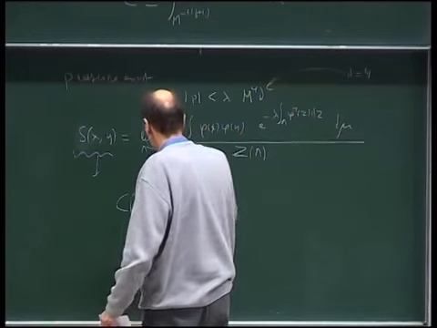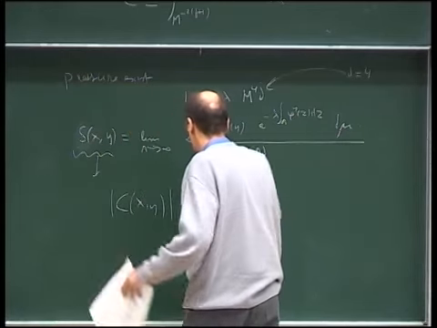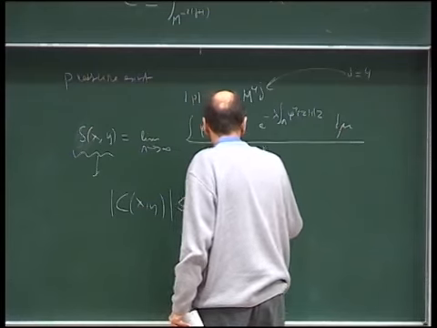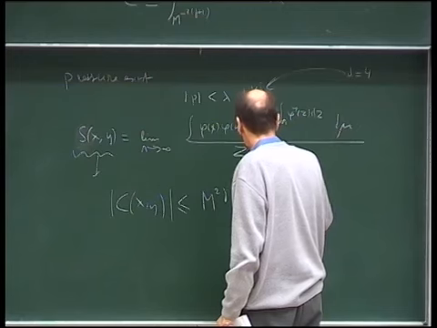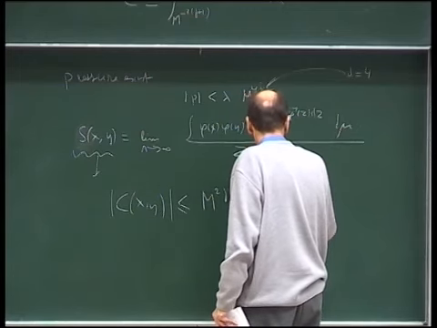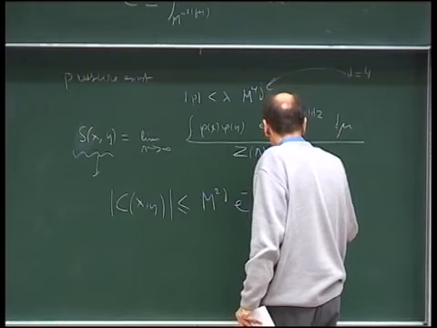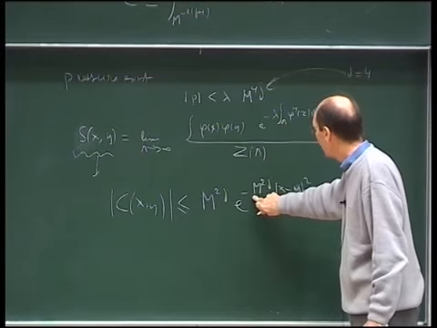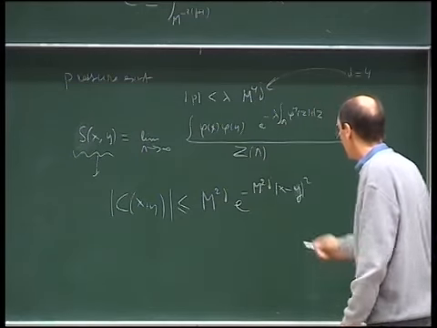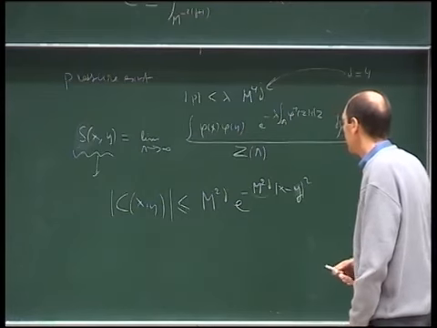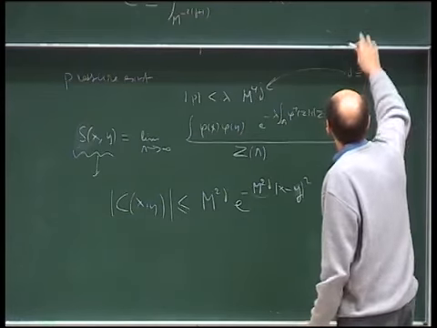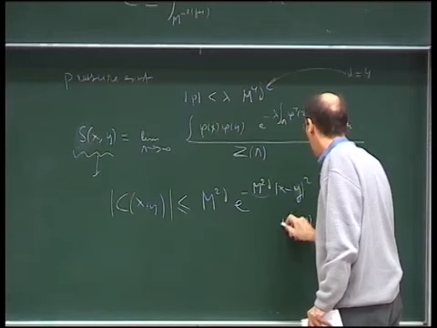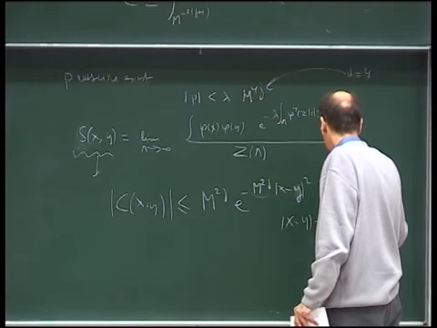It's m to the 2j, e to the minus, and here you have an exponential decrease, which is like this. So that is a decrease, but with a factor which is here. You see the dual of this. It says more or less that x minus y is of order m to the minus j.